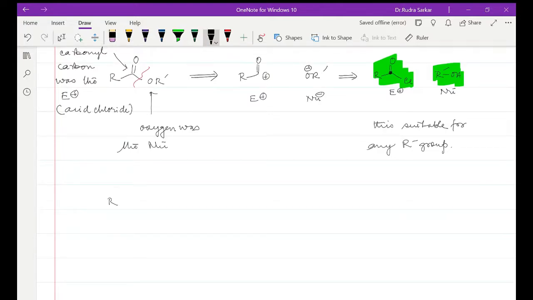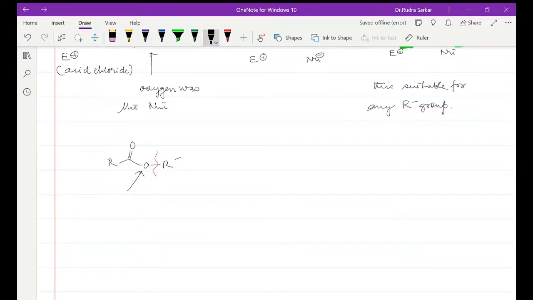However, there is another possibility in which the carboxylate ion can act as a nucleophile towards an alkyl halide. So in those cases, we have to think the disconnection happens over here.